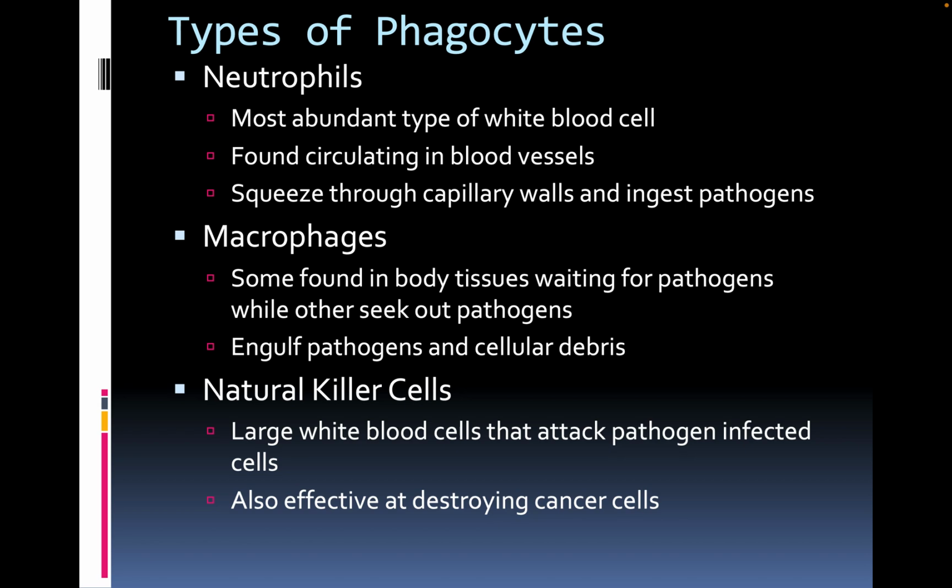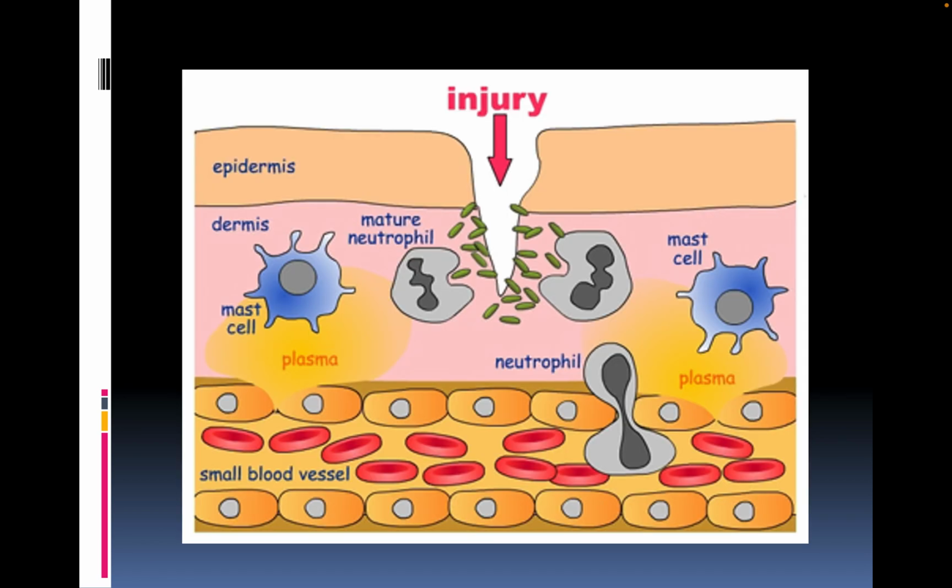It's these natural killer cells that are also pretty effective at destroying cancer cells. And when we talked about cancer, we talked about immunotherapy, which is really trying to train your own immune system to attack cancer, and specifically it's these natural killer cells that we're training.